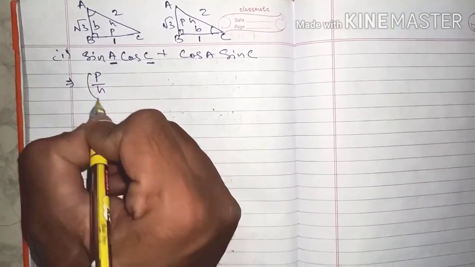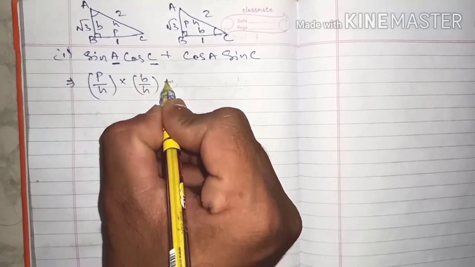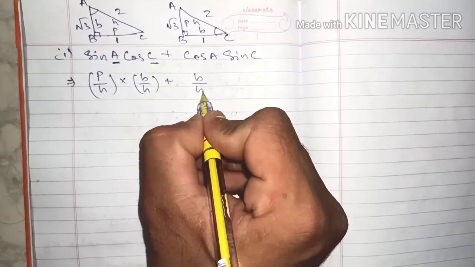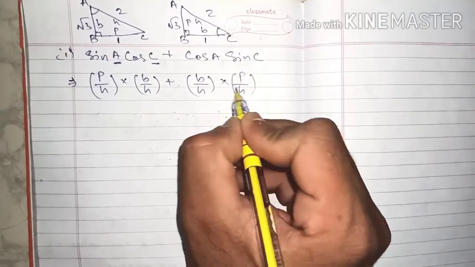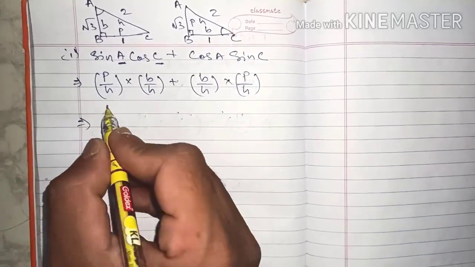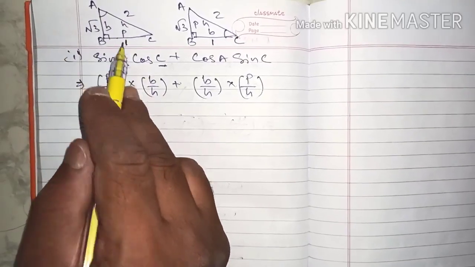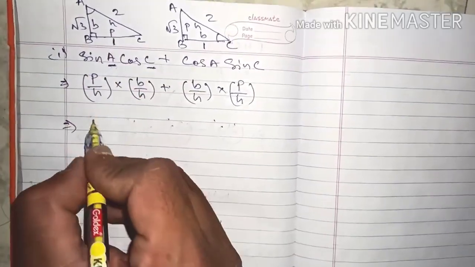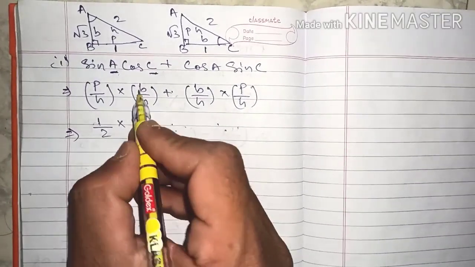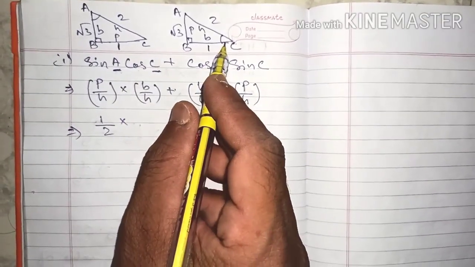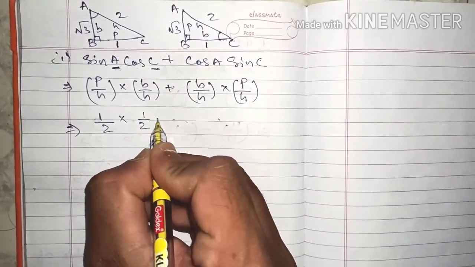Sin theta's formula is P by H. Cos theta's formula is B by H. Plus cos A, B by H again. Sin C, P by H. The formula is the same for all, but the values will be different. So from this diagram we will find sin A, P by H: P is 1, H is 2. Into cos C from this diagram, B by H: B is 1, H is 2, so 1 by 2.